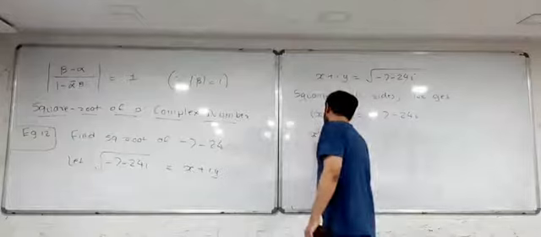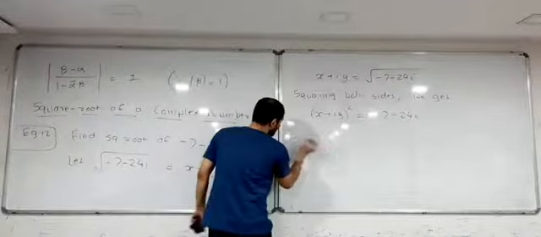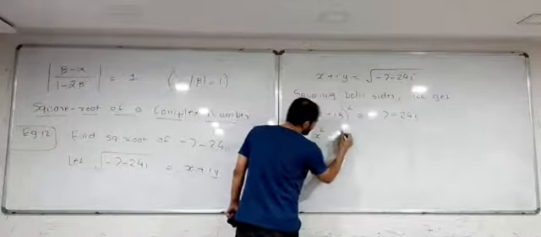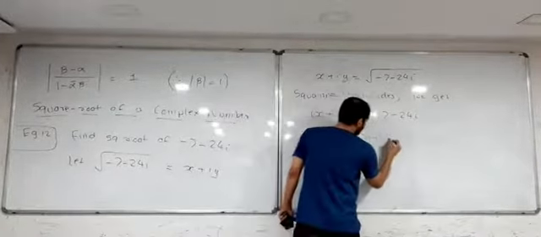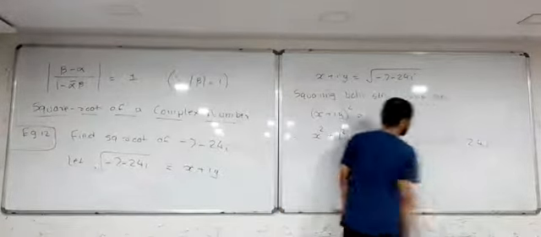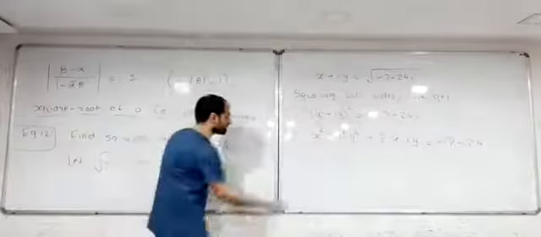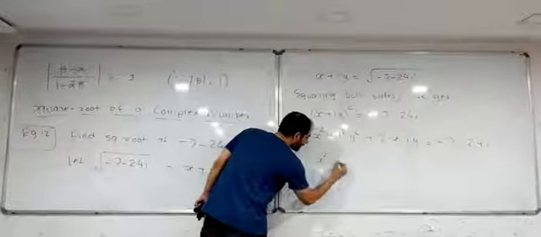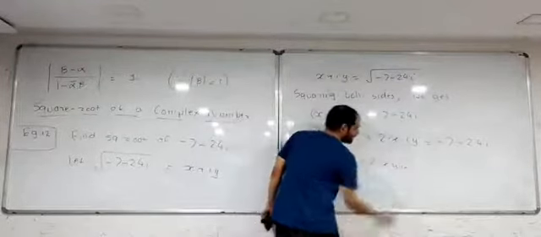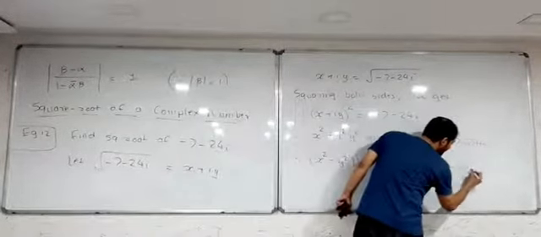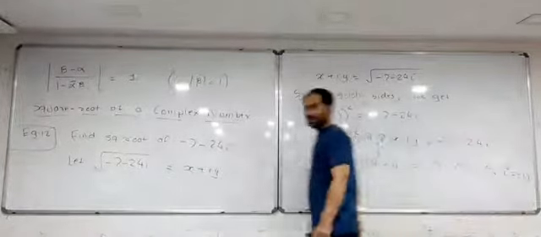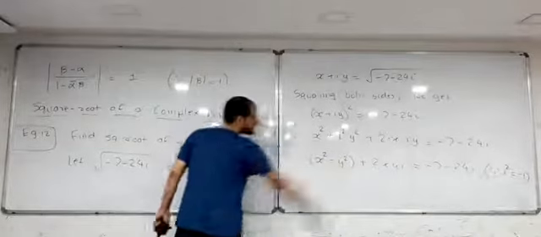I will write a plus b the whole square is a square plus b square plus 2ab. So x square plus i square y square plus 2 into x into iy which is equal to -7 minus 24i. What is i square? i square is -1. So I end up getting x square minus y square plus 2xyi is equal to -7 minus 24i because i square is -1. ठीक है, i square -1 है, इससे सीधा चलेंगे.